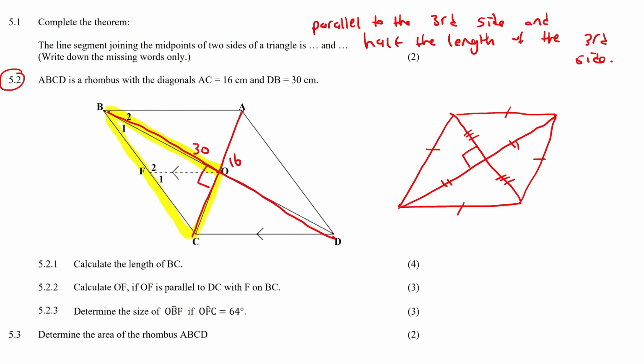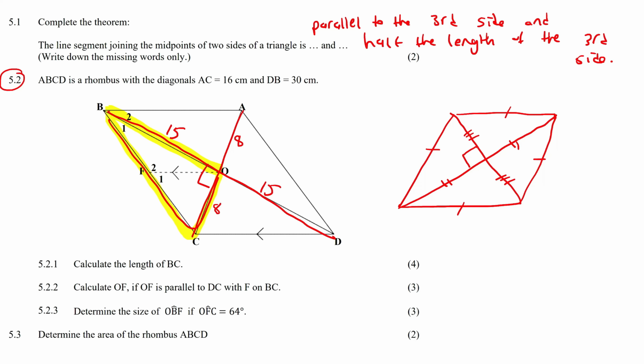That's just one of the properties. I'll show you how to get 4 marks now. Now I'm just quickly explaining. We also know that this entire length is 30, but that means this part's 15 and this part's 15, because we said here that the diagonals cut each other in half. And if this whole part is 16, then half of that is 8 and half of that is 8.